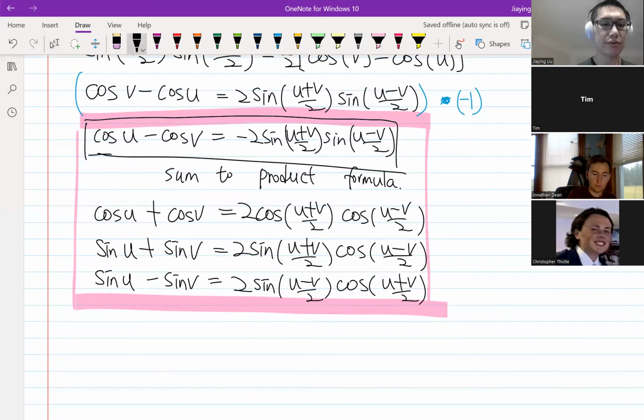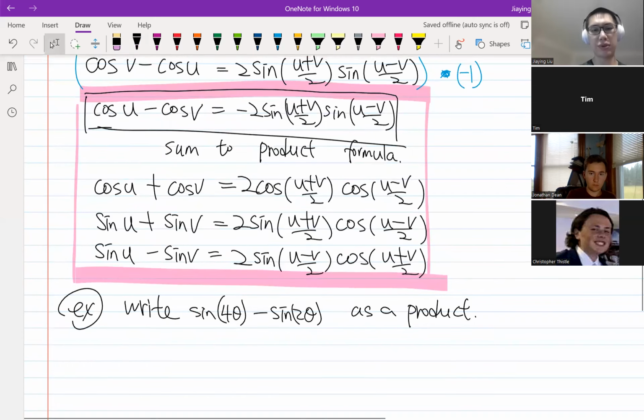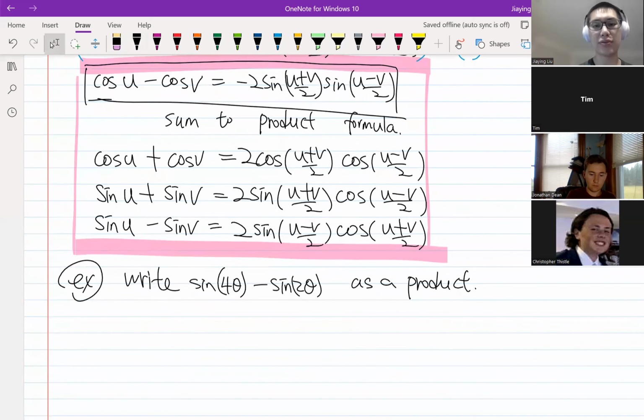So for example, we can write sine 4 theta minus sine 2 theta as a product. So that's the difference between 2 sines. We're just going to use the last one, the one directly above this exercise.